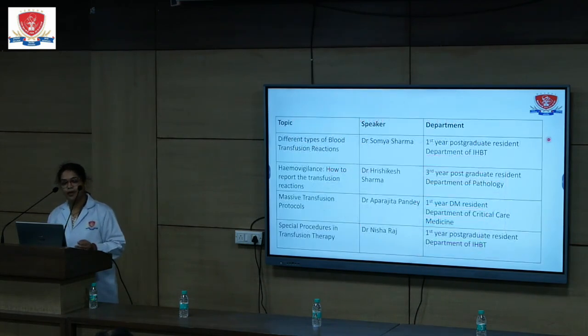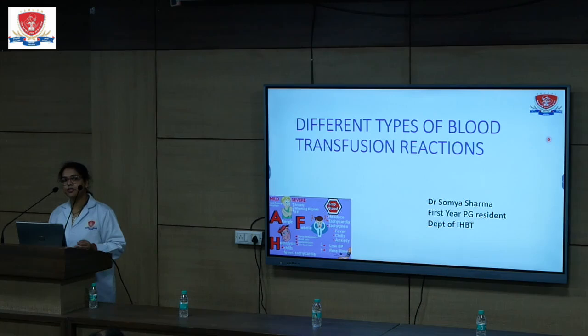I would now like to invite Dr. Somya Sharma, first year resident in the Department of IHBT, to please come up and take this presentation further. Today he will be discussing different types of blood transfusion reactions.